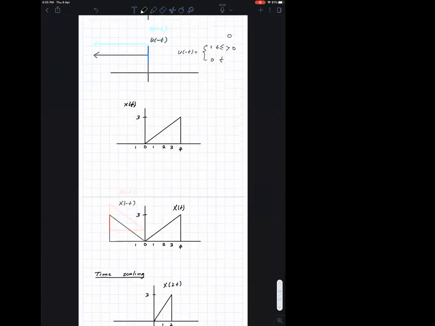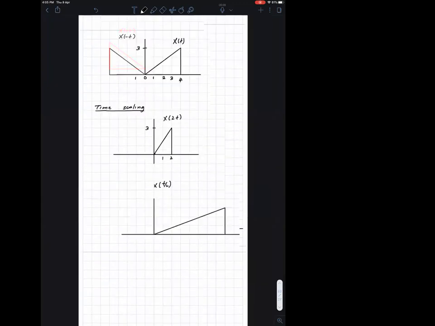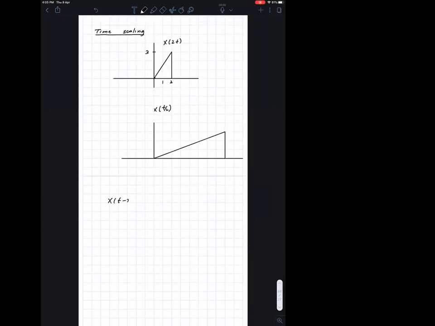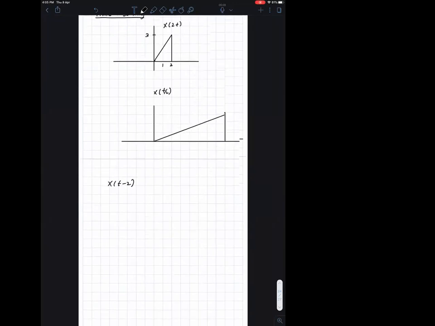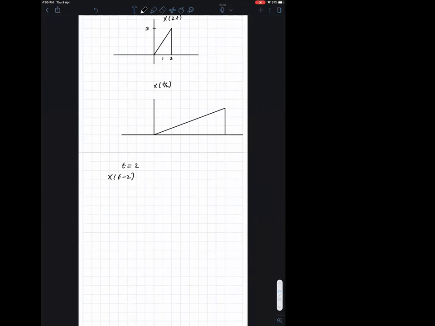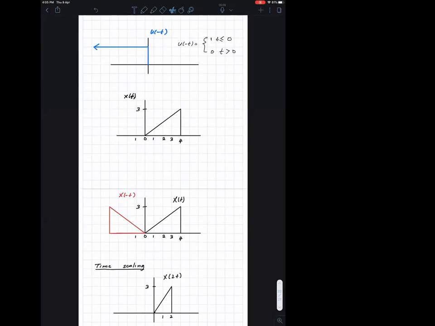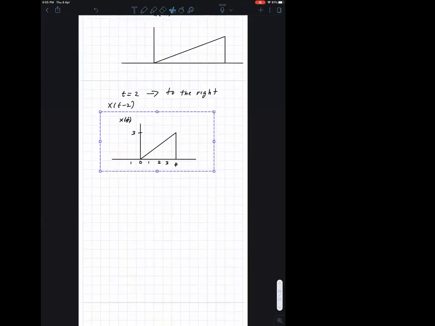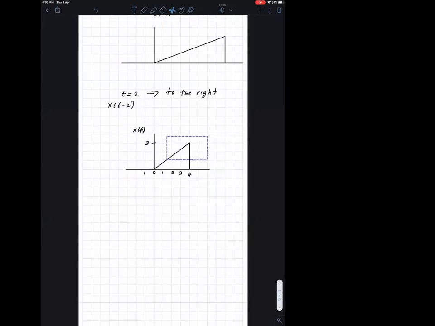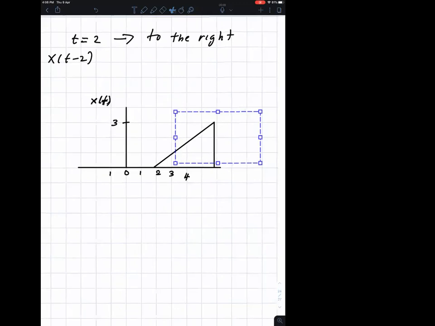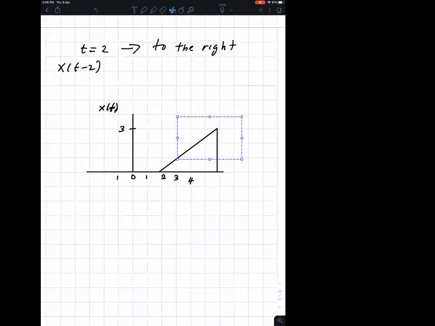When we have a time shift, for example, x of t minus 2, that's the same as saying that you're moving the signal by 2 to the right. So you move the signal. So this is x of t minus 2.